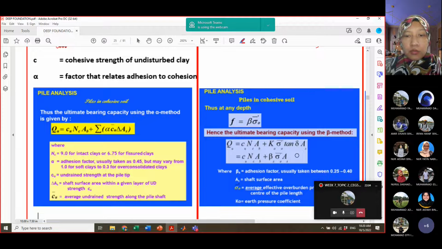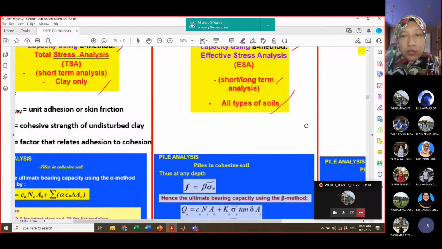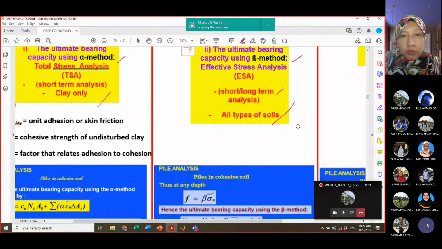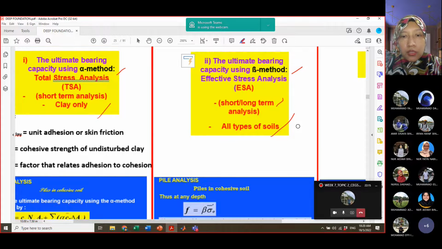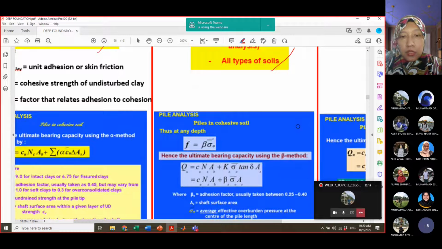Okay, the next method untuk calculate pile in clay ataupun pile in cohesive soil, when you are considering for the long-term effect ataupun effective stress analysis. So at this particular time, it is introduced as the beta method.